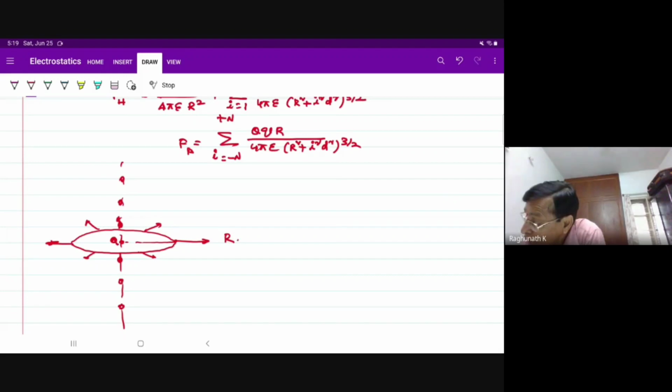The radial force experienced, if I keep a charge q here or charge q here or charge q here at any point on this circle, it experiences the same force, because the vertical components of the forces, because of the charges one above one below, get cancelled out. It will be horizontal and it will be radial. Is it difficult to understand that it experiences only radial force?